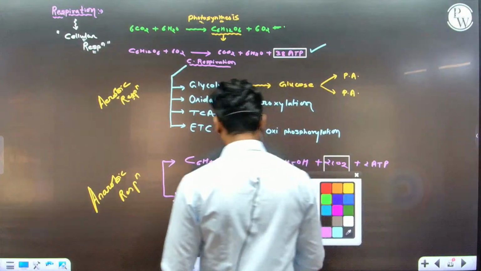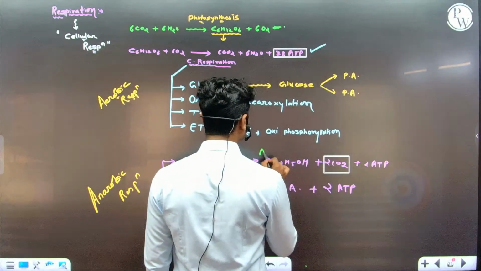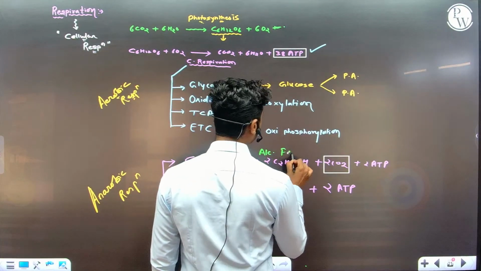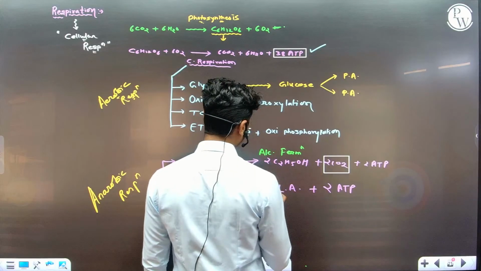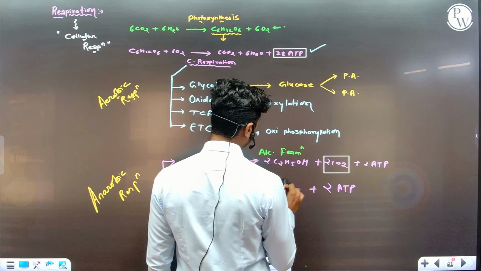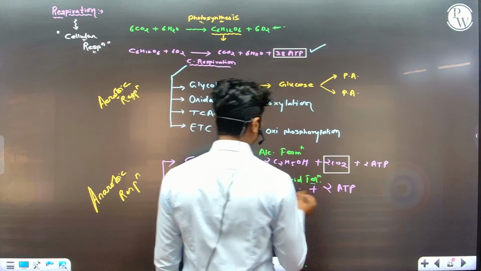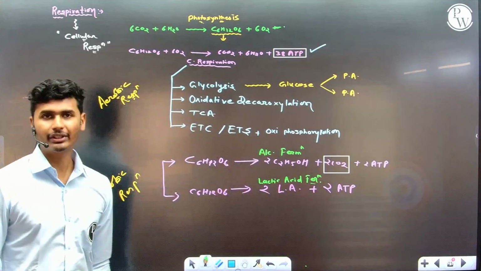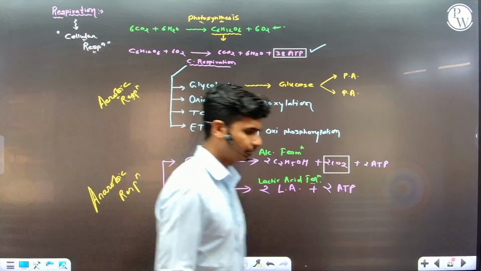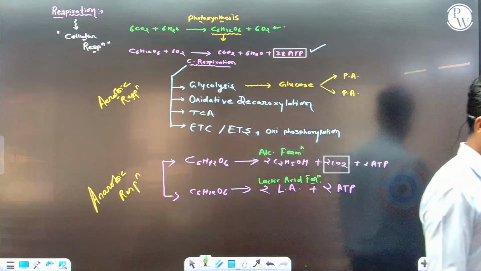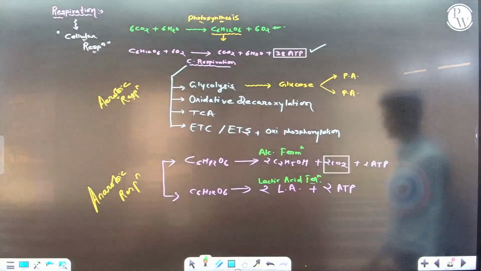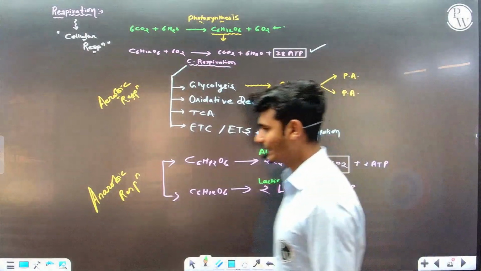Here, first one is alcoholic fermentation. Second one is lactic acid fermentation. No production of CO2 in lactic acid fermentation and production of CO2 in alcoholic fermentation. Anyone? Can you give me the reason why there is no formation?